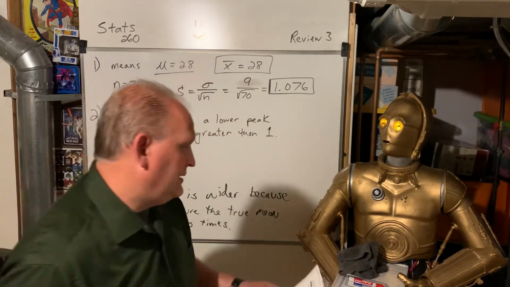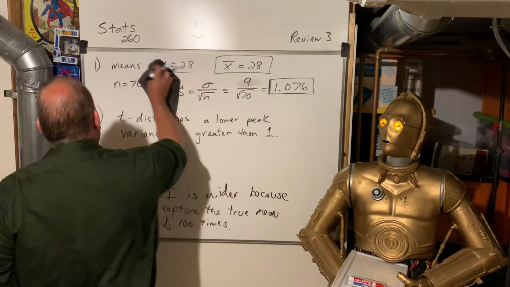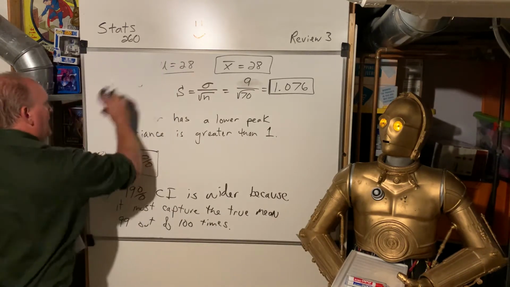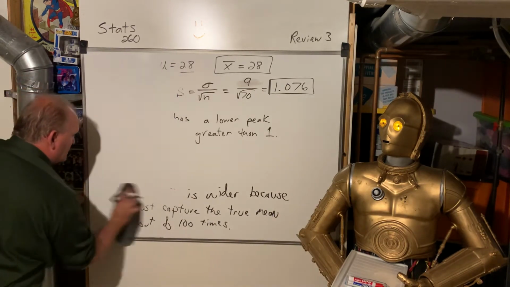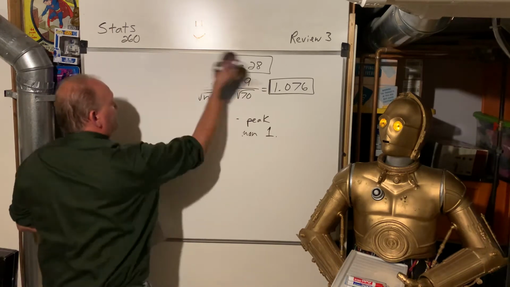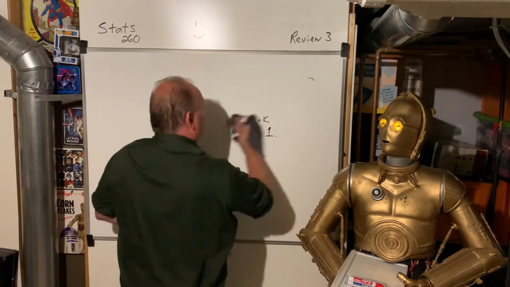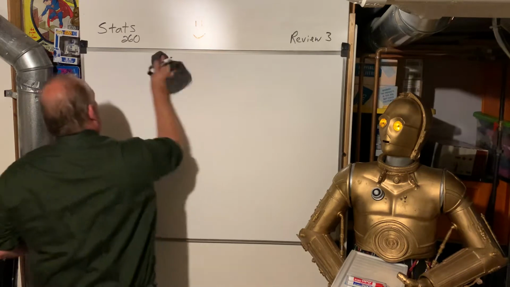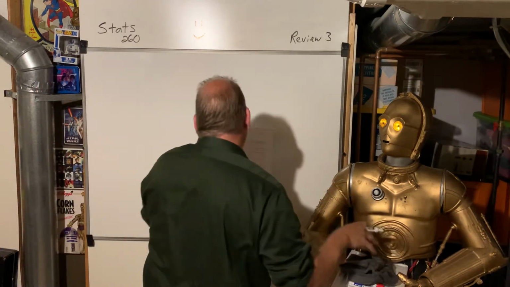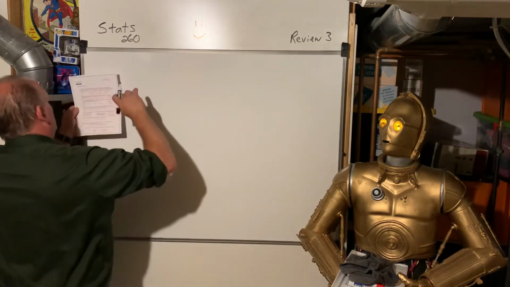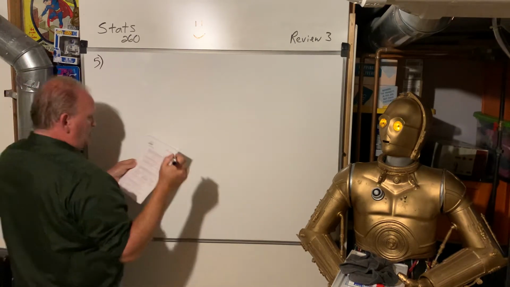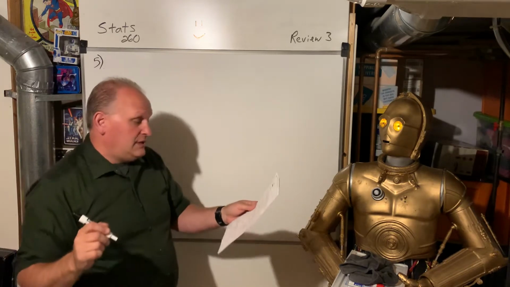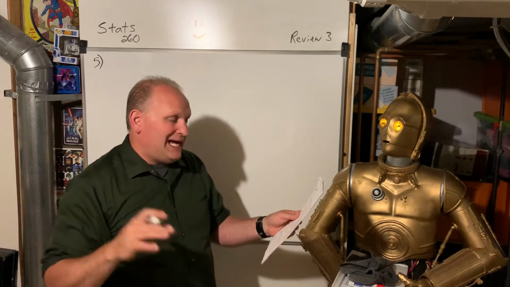All right, let's look at number 5. So number 5, they're talking about a skewed distribution. So when we have a skewed distribution, what that means is it's probably got outliers, like things that don't match. So if it's skewed, when a distribution is positively skewed.